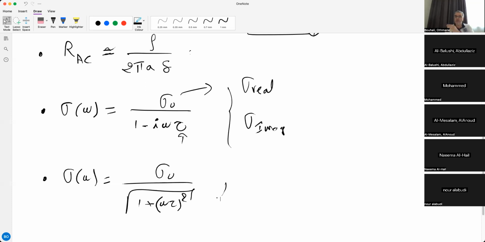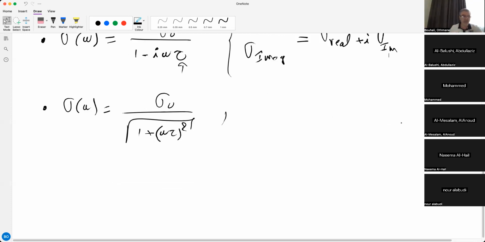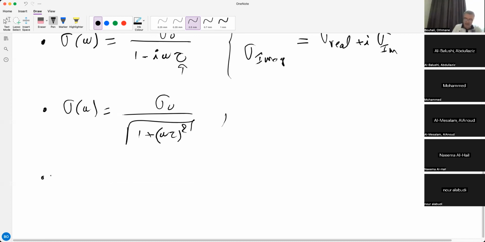And again, I explained to you last time that this sigma, if you do the calculation, you will be able to find the real and the imaginary part of the conductivity. And finally, what we did, we calculated the power.